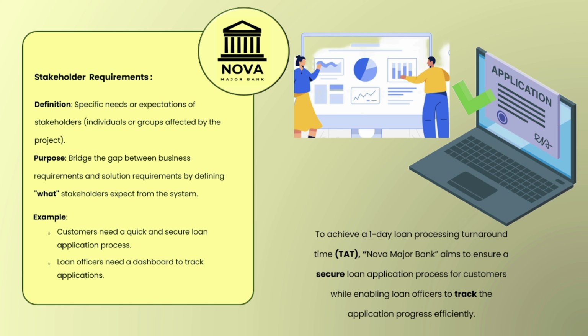Okay, we just came to know what a business requirement is and what a stakeholder requirement is. In business requirement it is why the project is initiated. In stakeholder requirement it is what needs to be done to achieve that particular why, but how to achieve it is still not mentioned. Now let's see what is next.